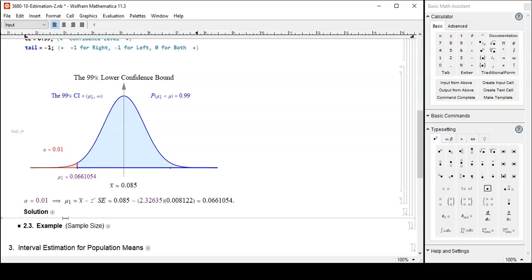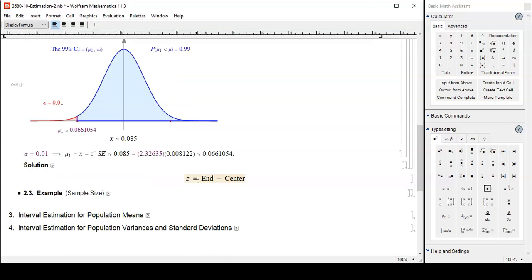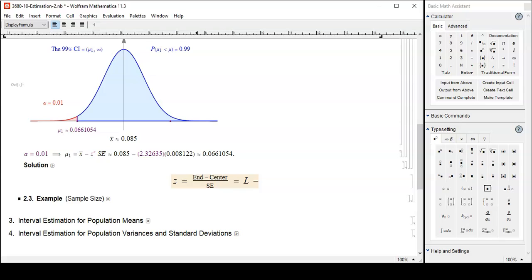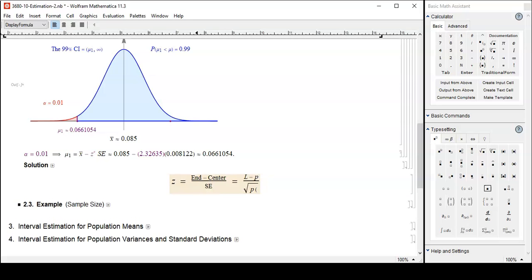So if you look up the z-score for Z equals endpoint minus center over SE, which is lower bound minus center, observed proportion of 0.085, over square root of P(1 minus P) over N. That's my SE formula.